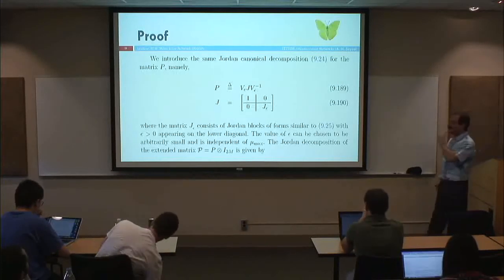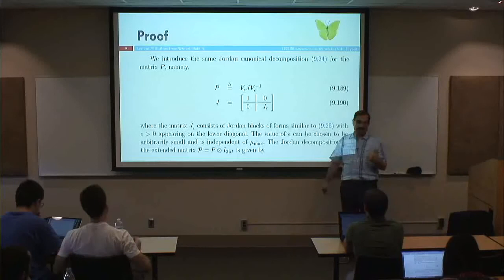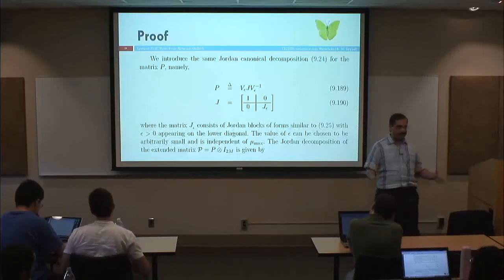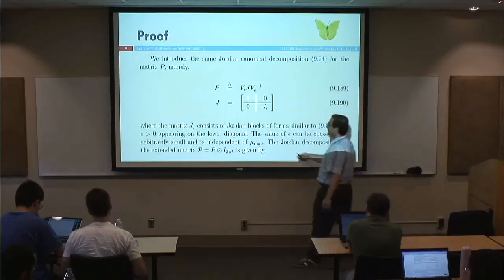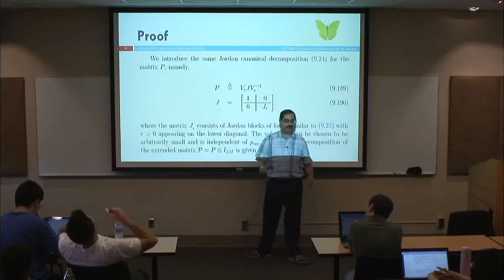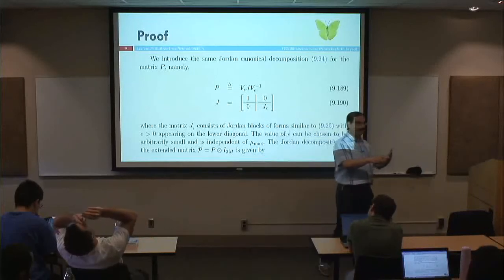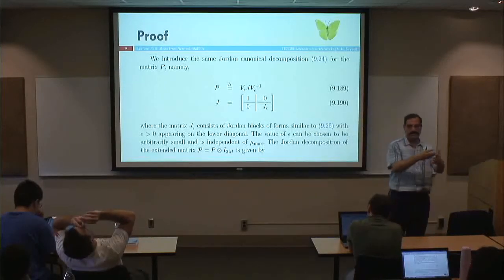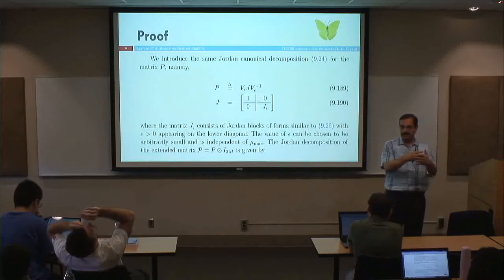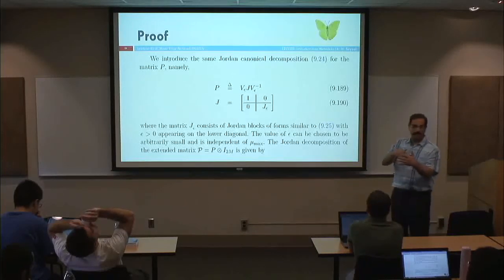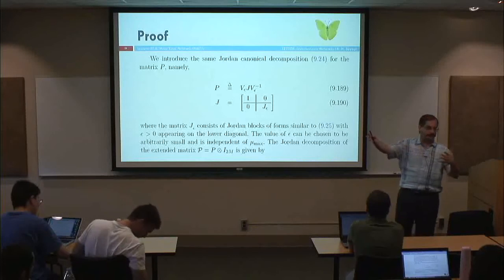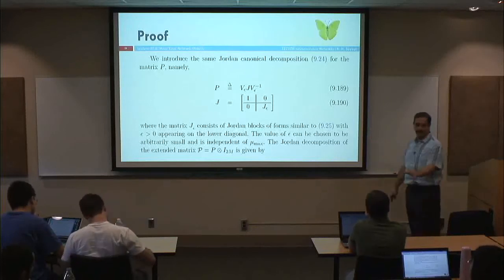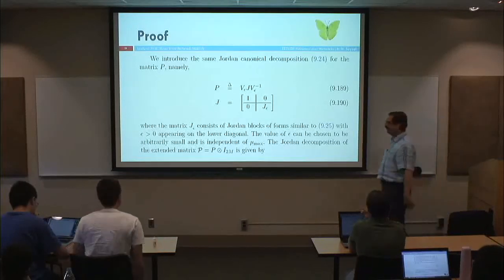Let me remind you of some notation we introduced last time. Last time I started with the matrix P, remember, it was A2 transpose, A0 transpose, A1 transpose. Sorry, it was A1, A0, A2, something like the product of the A's. I don't remember the order now, but it's the product of the A's.